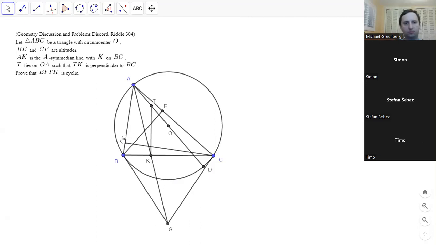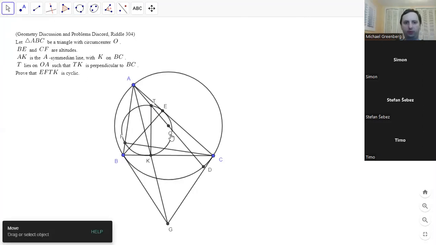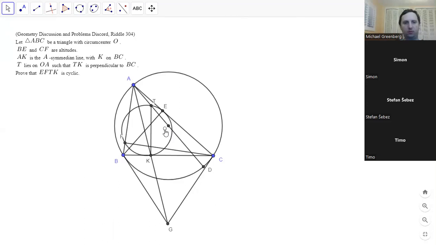Hmm. There has to be another point on this circle that is special. Maybe this point or something.